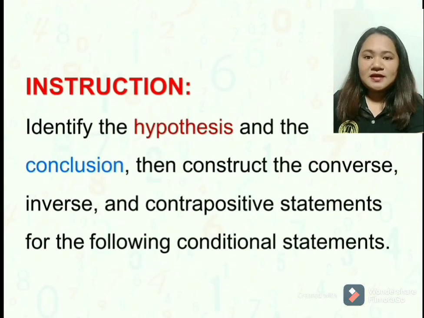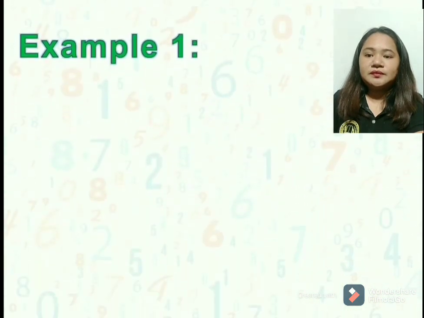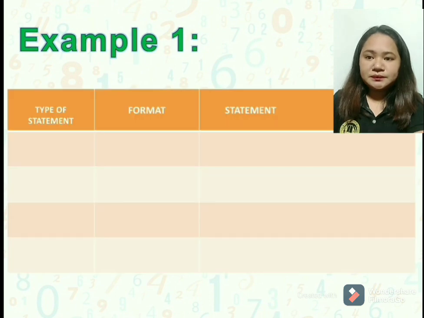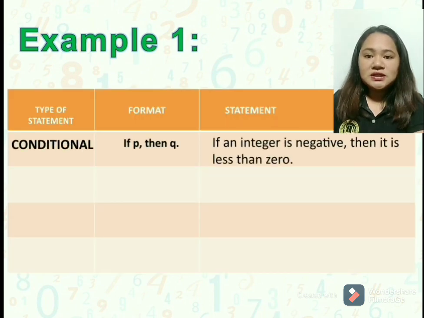Let's have examples. Instruction. Identify the hypothesis and the conclusion, then construct the converse, inverse, and contrapositive statements for the following conditional statements. Number 1. The conditional statement is if an integer is negative, then it is less than 0.